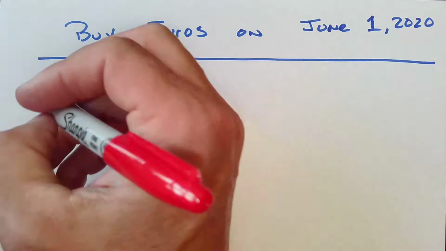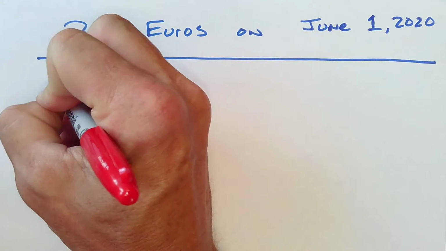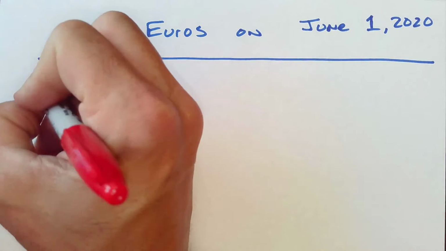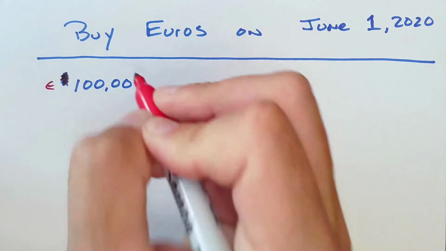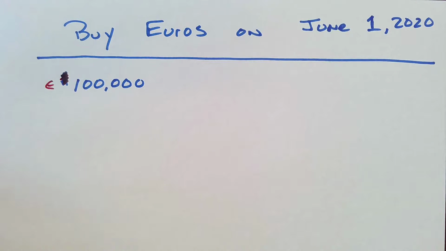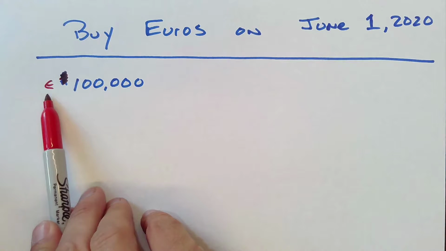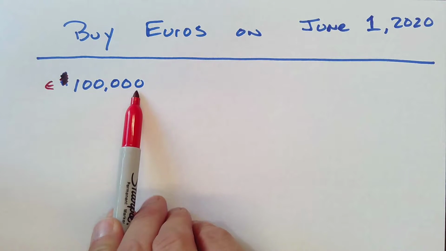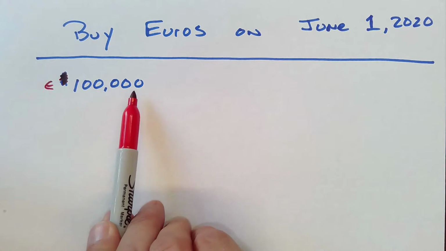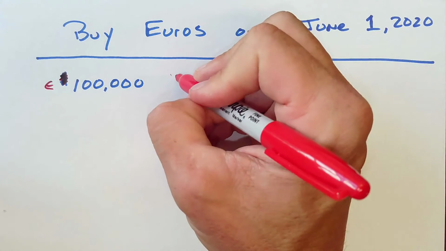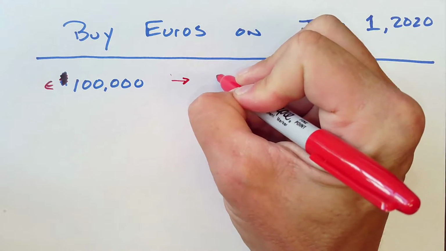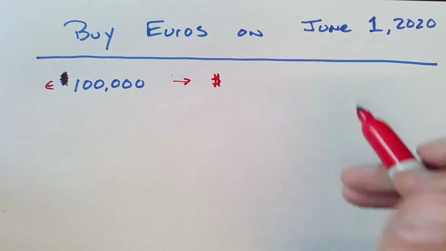That's not supposed to be a dollar sign, it's supposed to be the euro sign. So we want to make sure we are using the right distinction, that we are buying 100,000 euros.